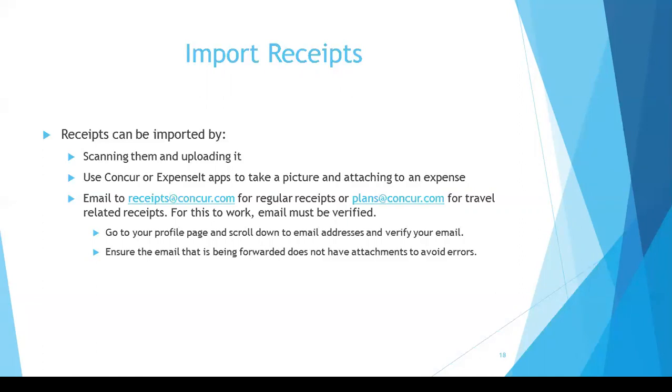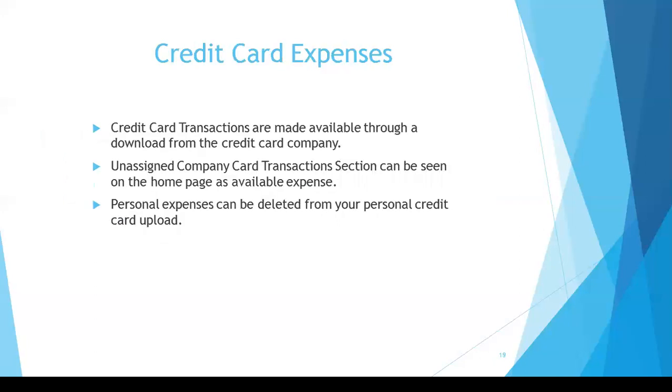One thing you want to make sure is that the email does not have any attachments. If it does, especially multiple attachments, it doesn't know how to read multiple attachments, and it just says it has an error and doesn't do anything for it. That's one of the things that we noticed has an issue.